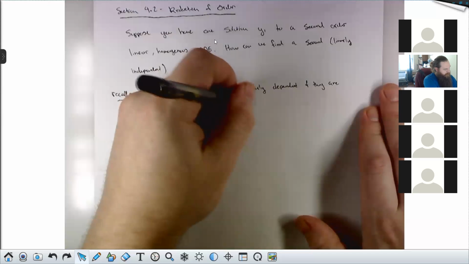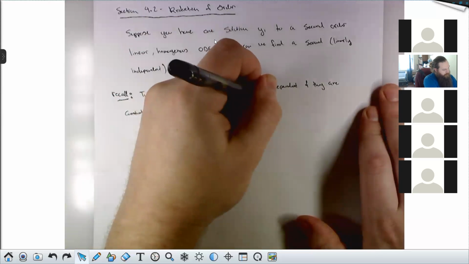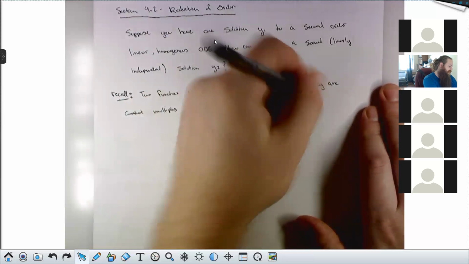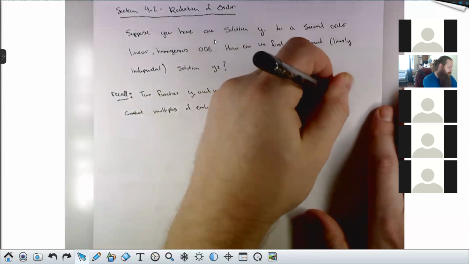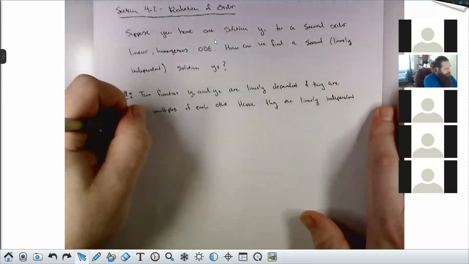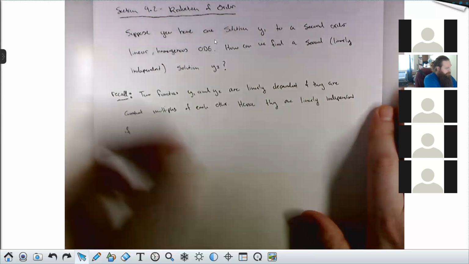Hence, they are linearly independent if they're not constant multiples of each other.